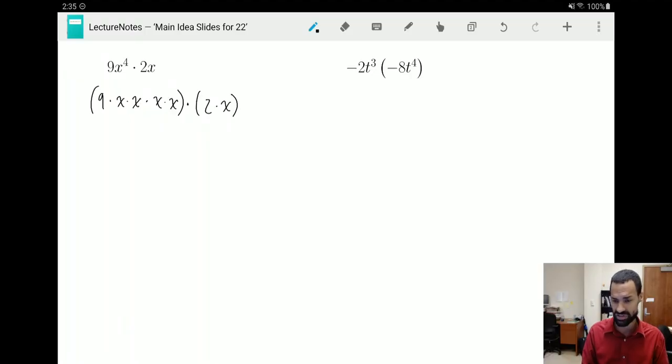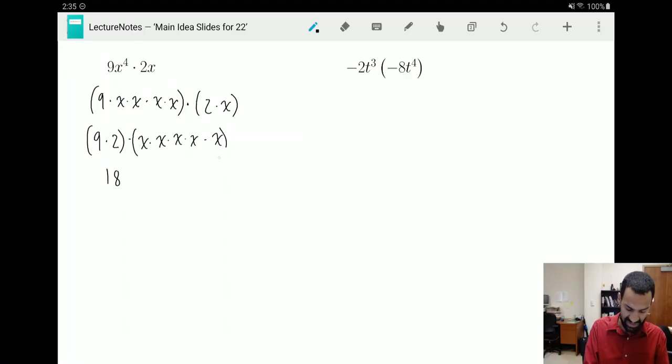Multiplication, the order doesn't matter, it's commutative. So we could write this as 9 times 2 times x times x times x times x times x, that's 4 x's from here and an x from there. Put those together, we have 5 x's. So if I actually multiply this together, the 9 times 2 here is 18, and x times itself 5 times would be x to the fifth power. So 9x to the fourth times 2x is 18x to the fifth power.